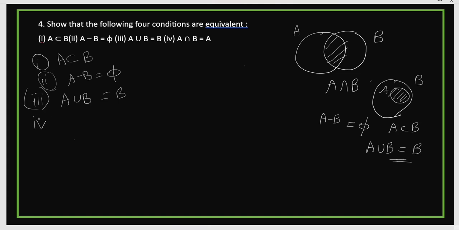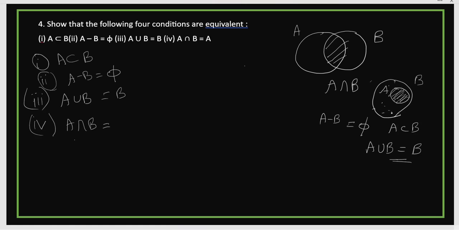Fourth one. This is A intersection B. What is A intersection B? What are the common elements of A and B? Obviously, this is the common part. The rest of the elements of B, the elements outside A, are not common.